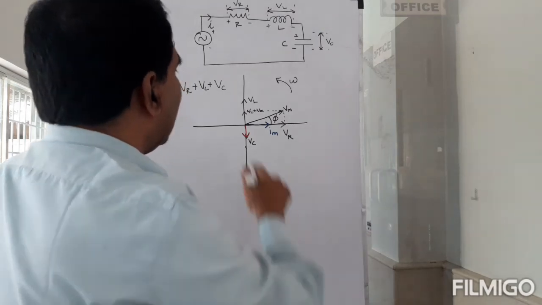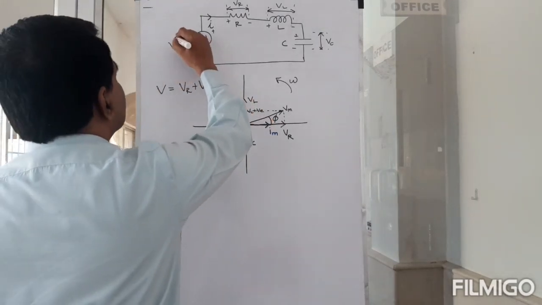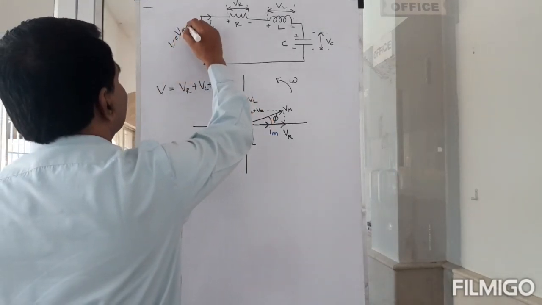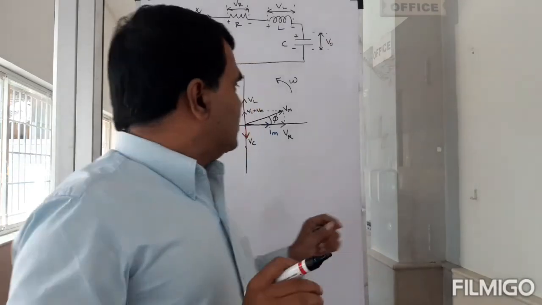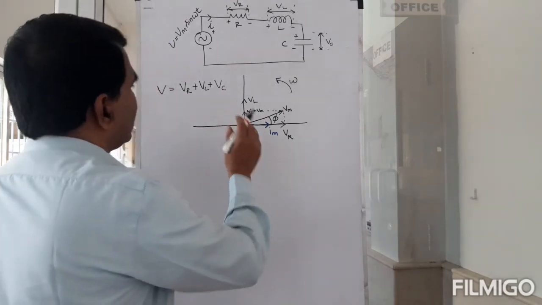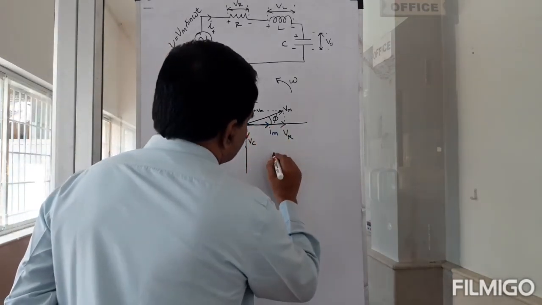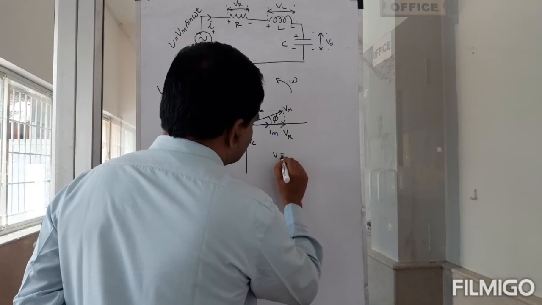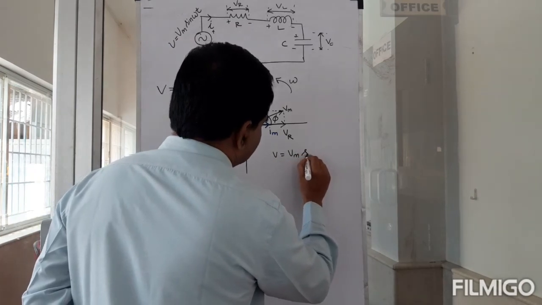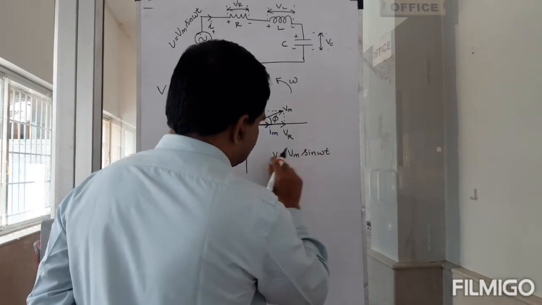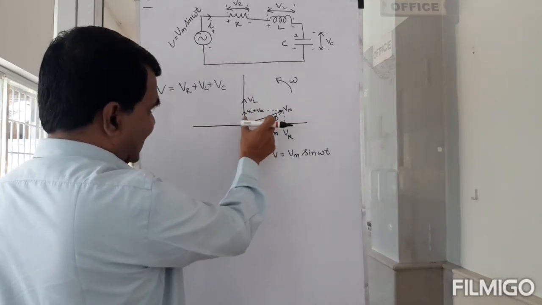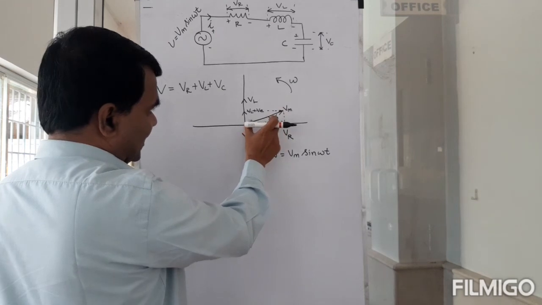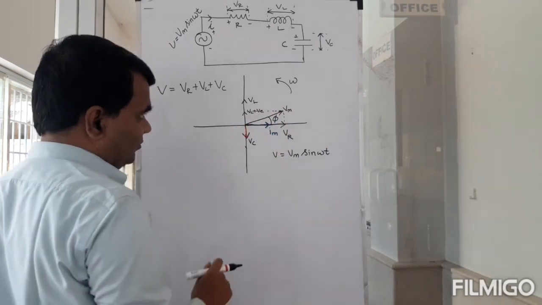So I can say that V is equal to Vm sine omega t. From this diagram, you notice that the current is lagging this voltage by an angle phi, right?